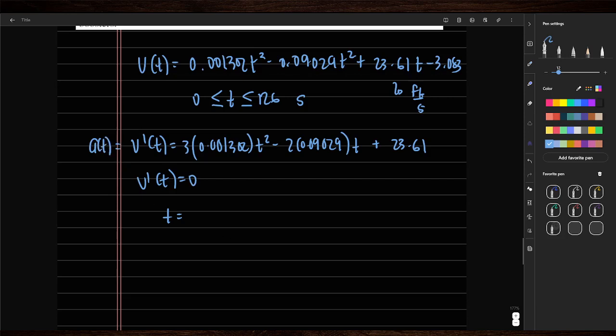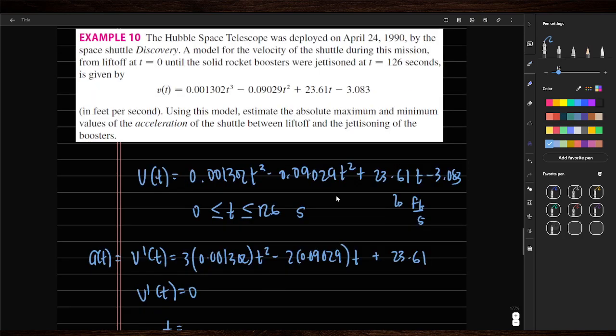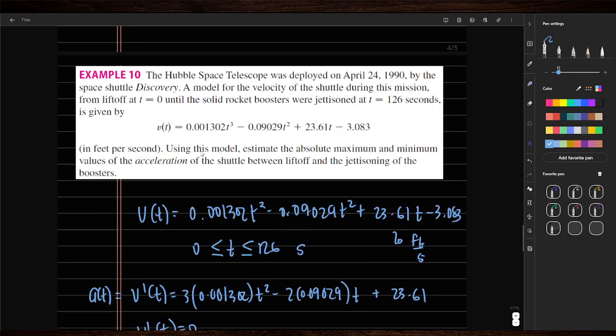Let's go back to the problem: using this model, estimate the absolute maximum and minimum values of the acceleration.